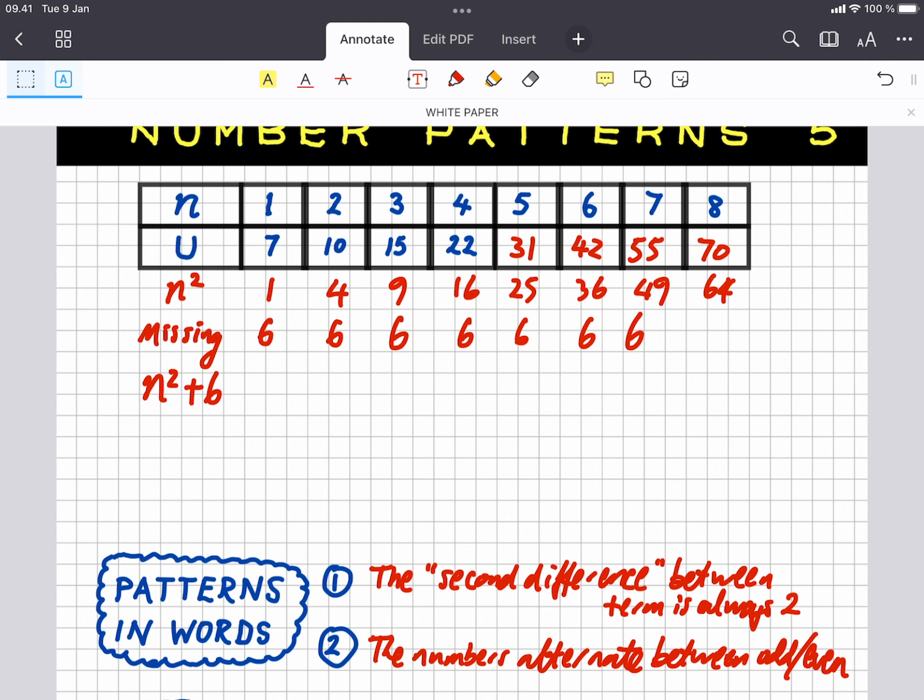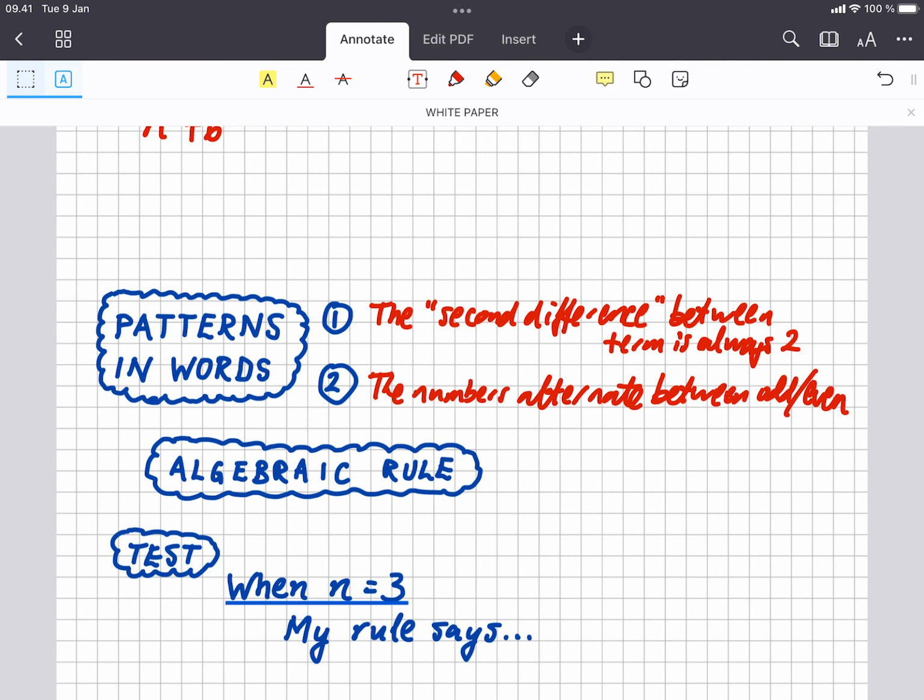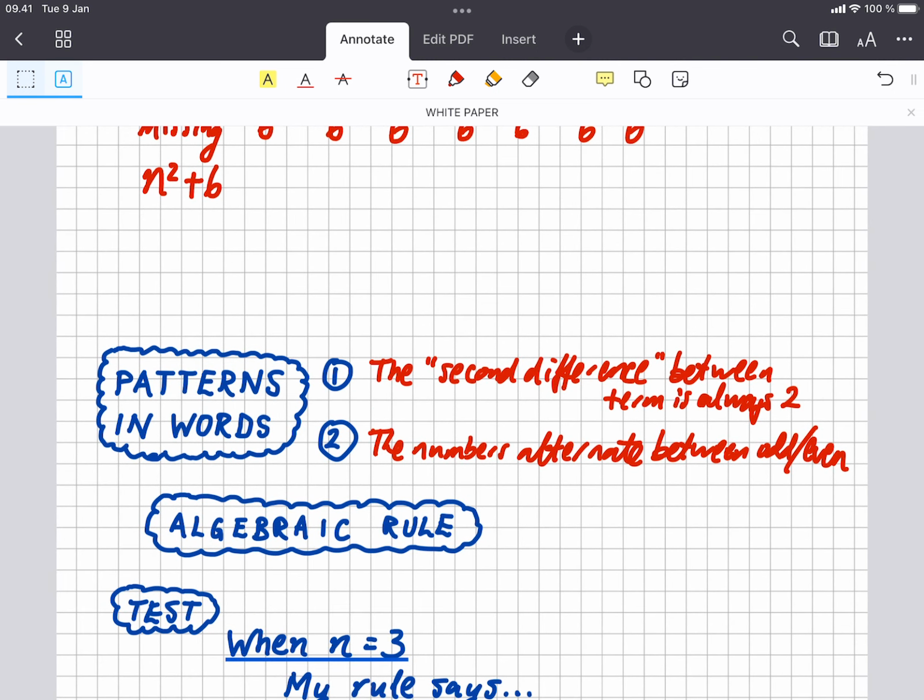So let's write that in. So our rule is u equals n squared plus 6. And now let's test and verify that rule.